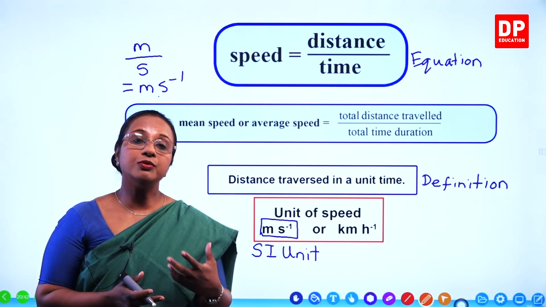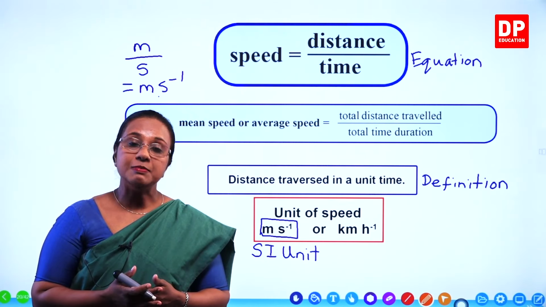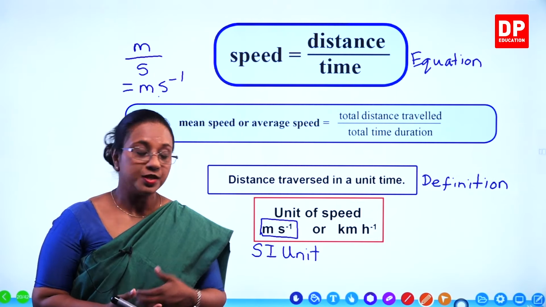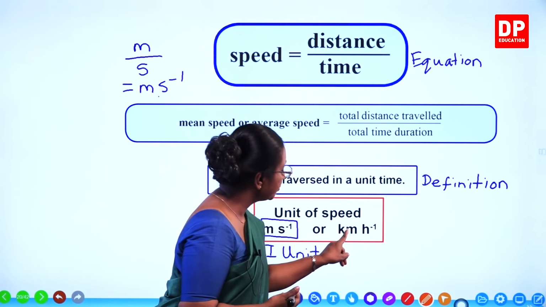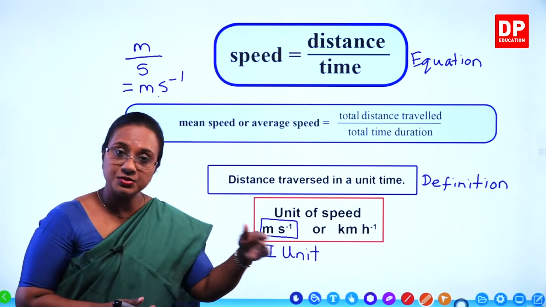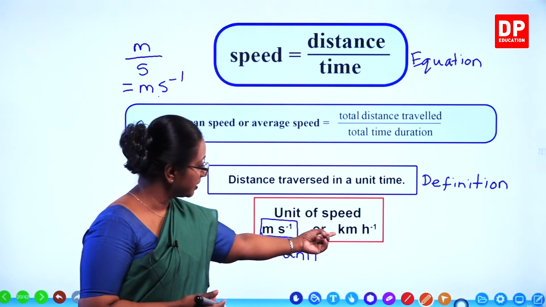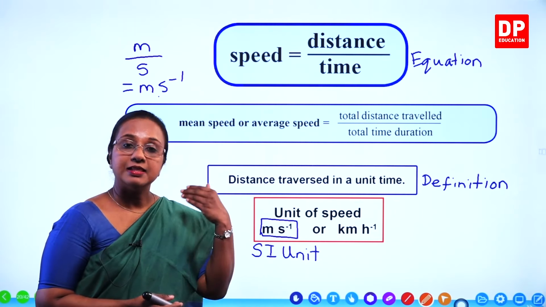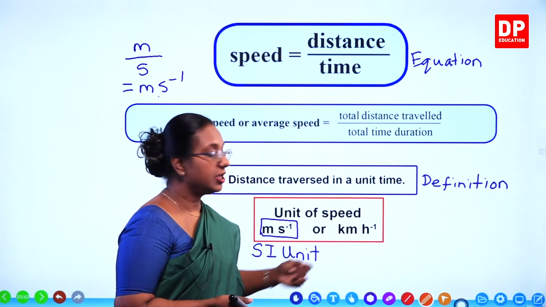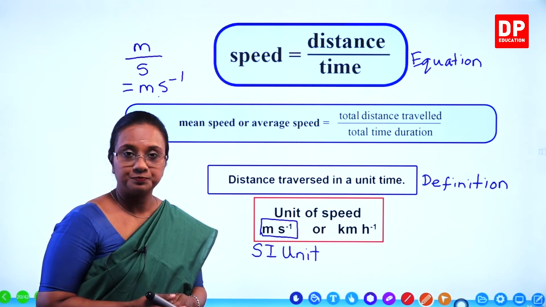If you give the speed in meters per second, it will be a complicated value. So therefore, we use the unit kilometer per hour. The distance is very long, so that's expressed in kilometers, and the time duration is also longer. Therefore, we use the unit per hour.